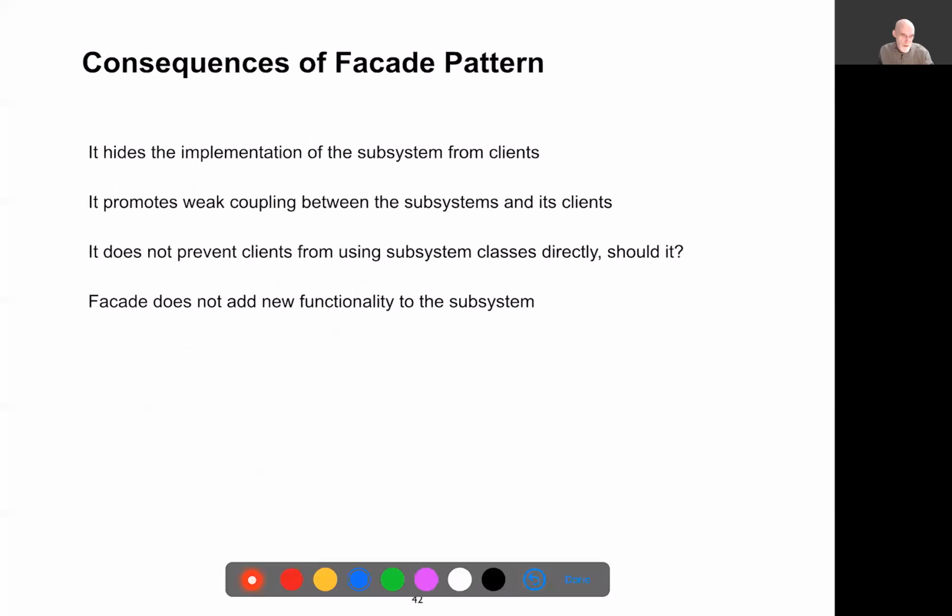Right, like I said, the whole point is to hide how the subsystem is implemented. Clients don't have to worry about it. And again, it's going to allow us to change that subsystem without clients knowing about the changes. Exactly what we talked about in class.